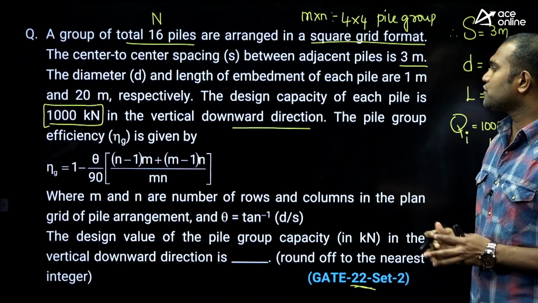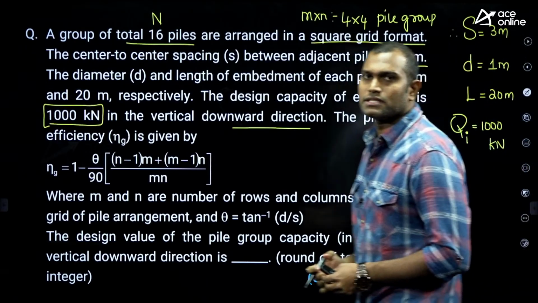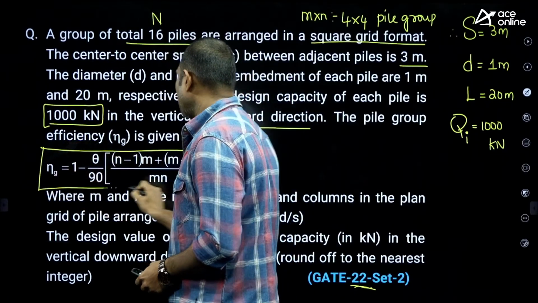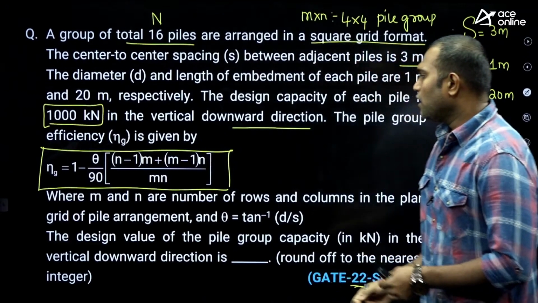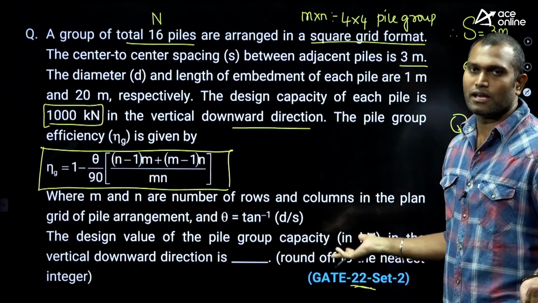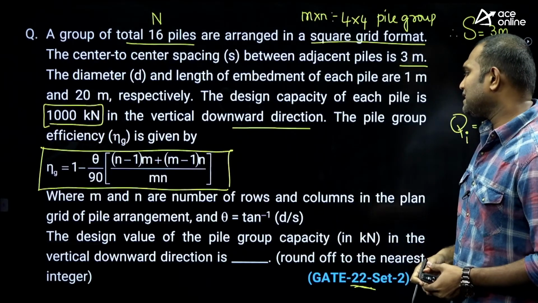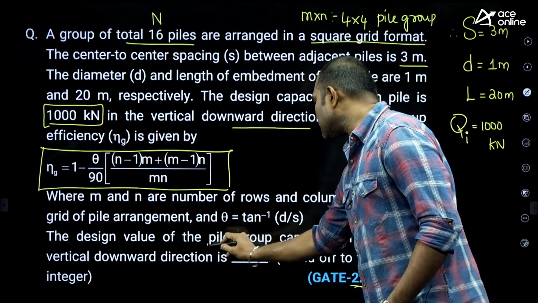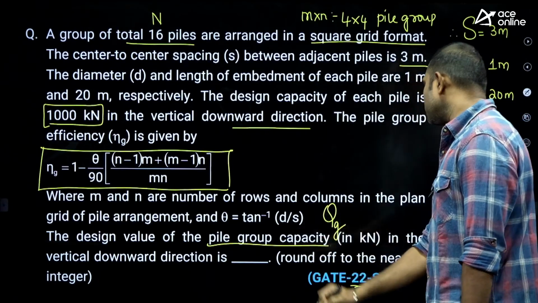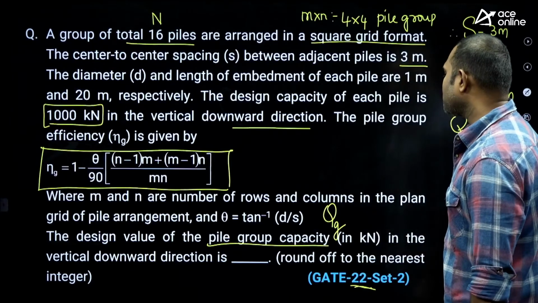The pile group efficiency is given, they have given the Converse-Labarre equation. They gave directly the entire equation, where m and n are the number of rows and columns, and theta. The design value of the pile group capacity, which means they're asking Q_G, in the vertical downward direction.